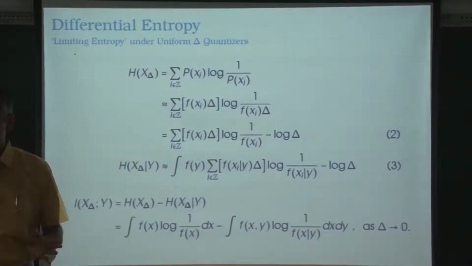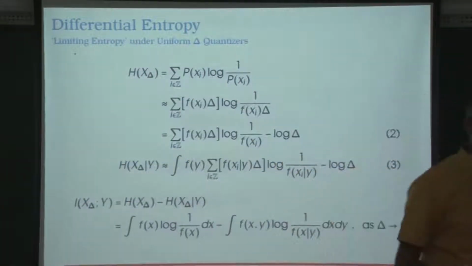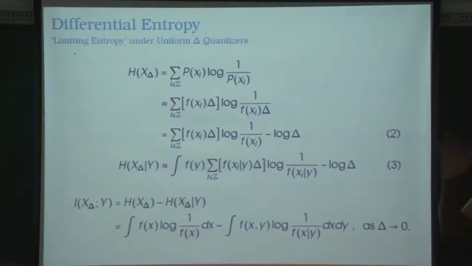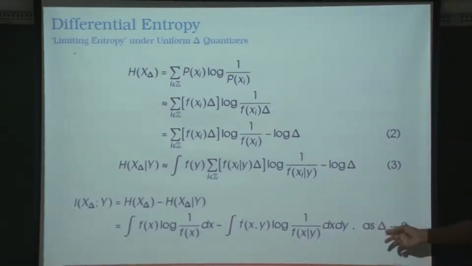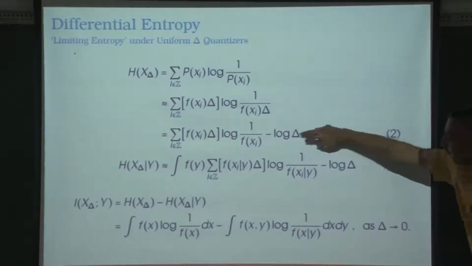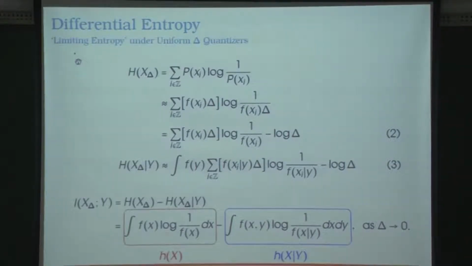Is the idea clear? Right. So then I get a formula which is much neater, cleaner, it does not have any clutter of quantization, nothing. Simply saying that I have to take delta going to 0 to get into this limit, but this delta is taken care of, the subtraction is gone there. So this quantity here, we call it little h of X, it is called the differential entropy.